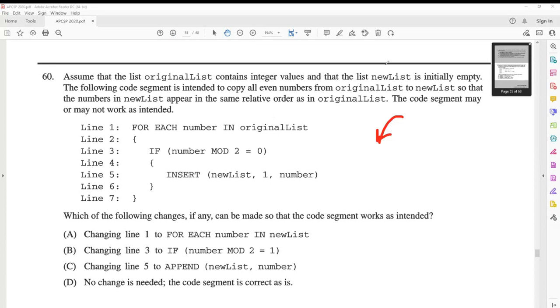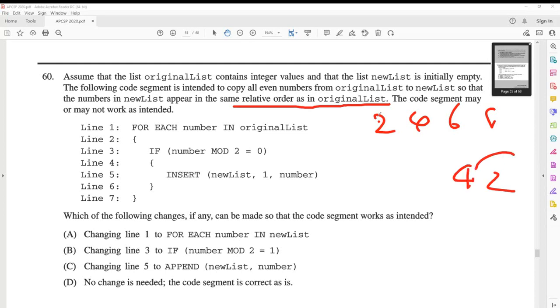The goal is to copy even numbers from the original list to the new list in the same relative order. Right now, if your data is 2, 4, 6, 8, what will happen in the new list is 4 will be in front of 2, 6 in front of 4, 8 in front of 6.